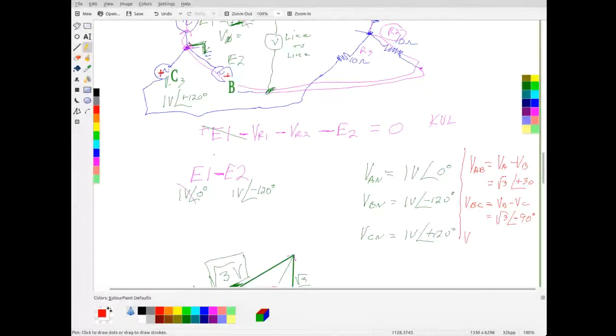And VCA is going to be VC minus VA, which is going to be the square root of 3 at an angle of, we have 120 degrees and we're adding 30 degrees to that, which would be 150 degrees.